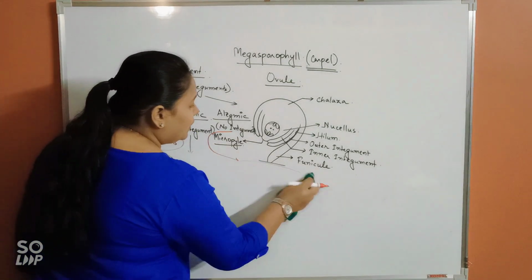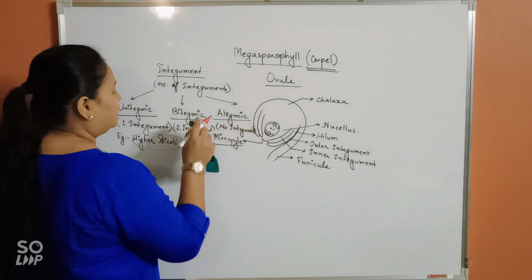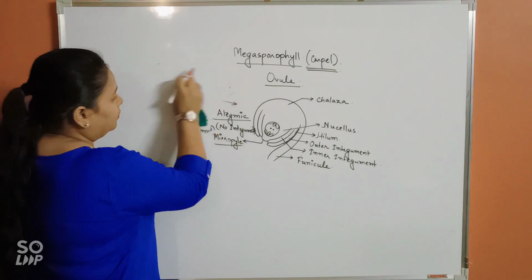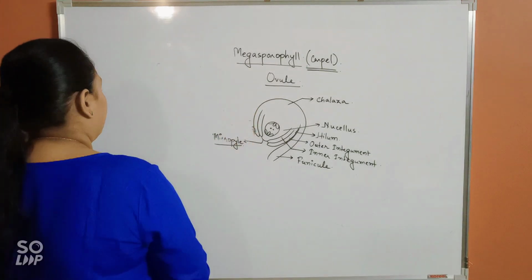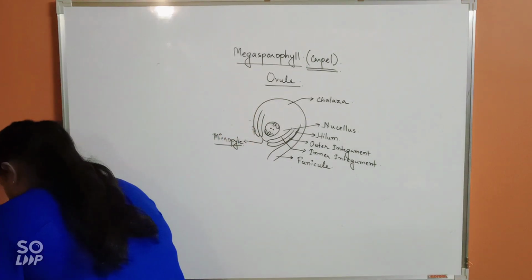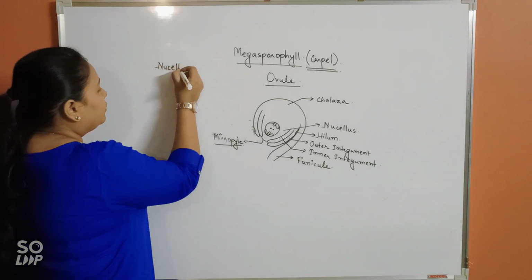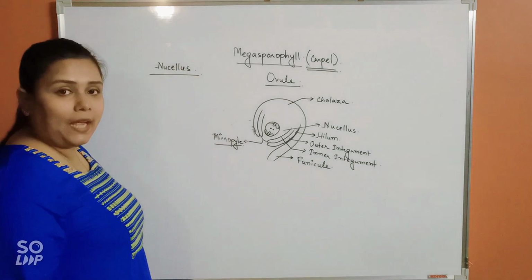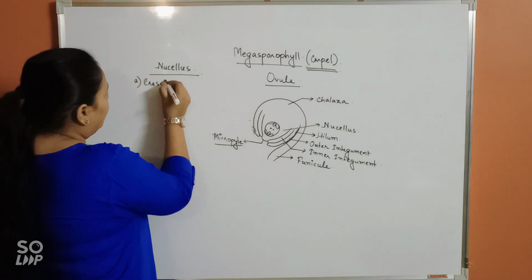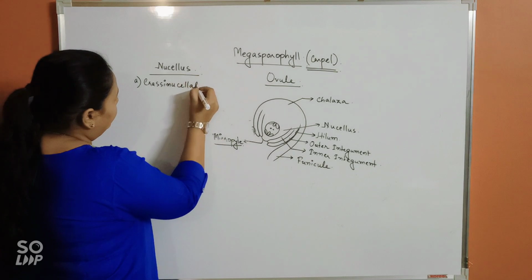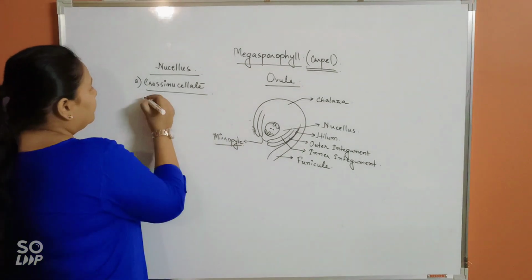Now, next category is on the basis of nucellus. Alright. On the basis of nucellus, we can have two types of ovule. First, crassinucellate, that is well developed or thick nucellus.